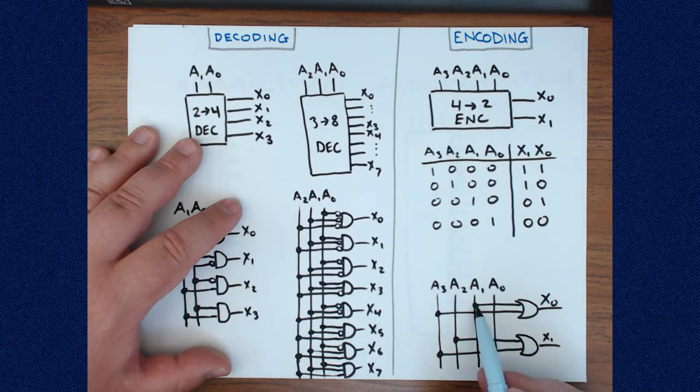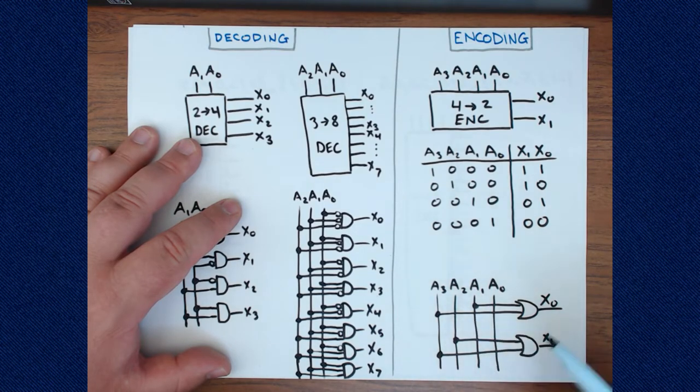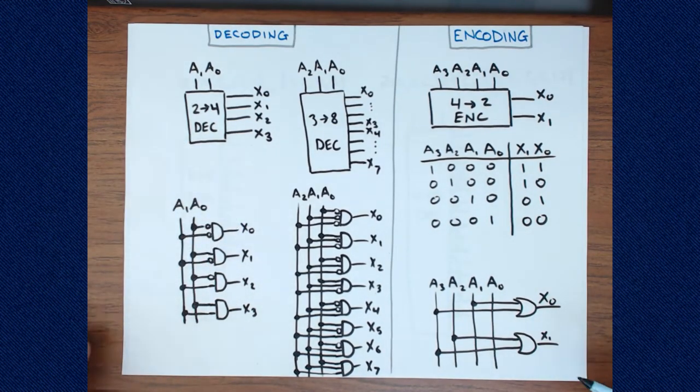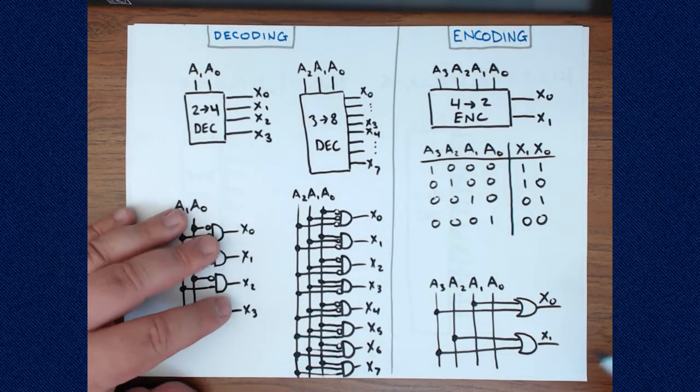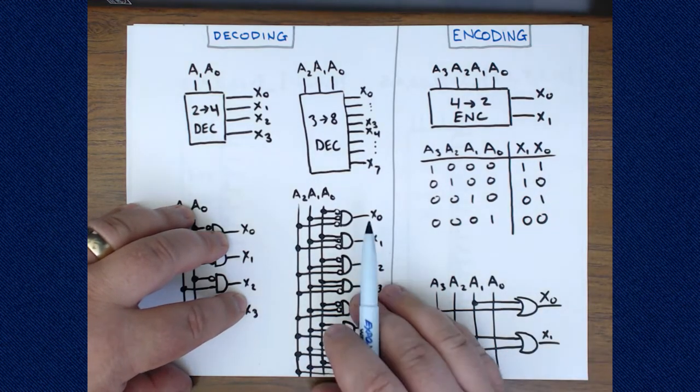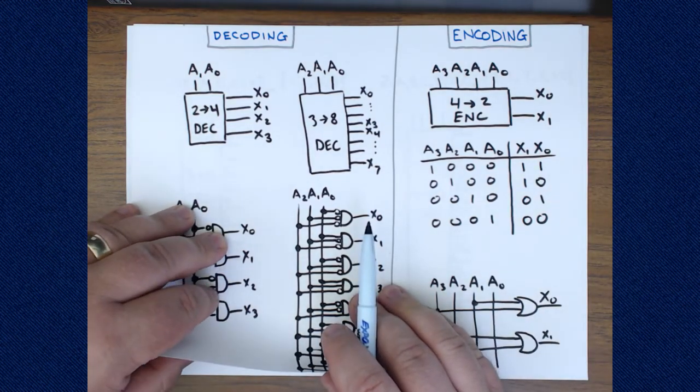It's just that the product, like in this case, A1, has only one term, so we don't really see anything being ANDed with A1. But you might as well think of this as A1 ANDed with 1, or A3 ANDed with 1, right? And so it's the same kind of circuit that we've actually seen before, and we can very quickly derive and create an encoder circuit. And these, additionally, like the decoders, scale very easily.